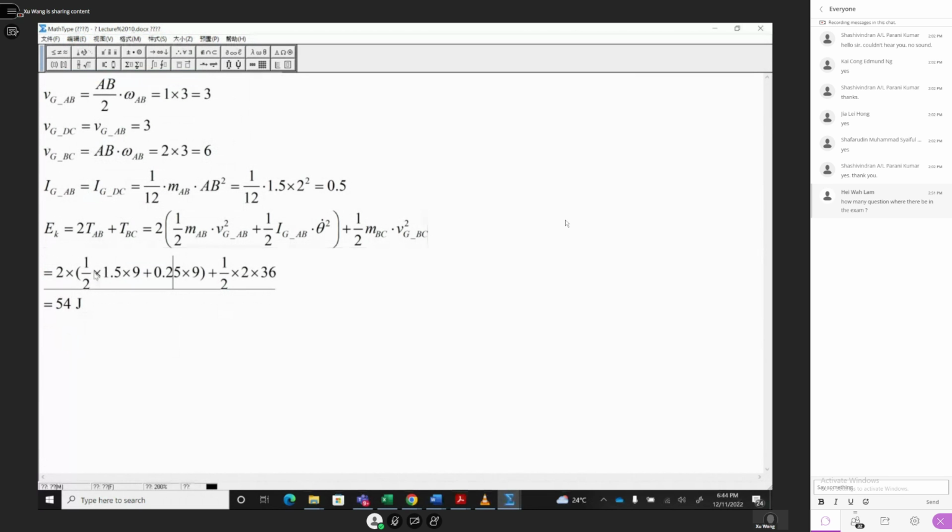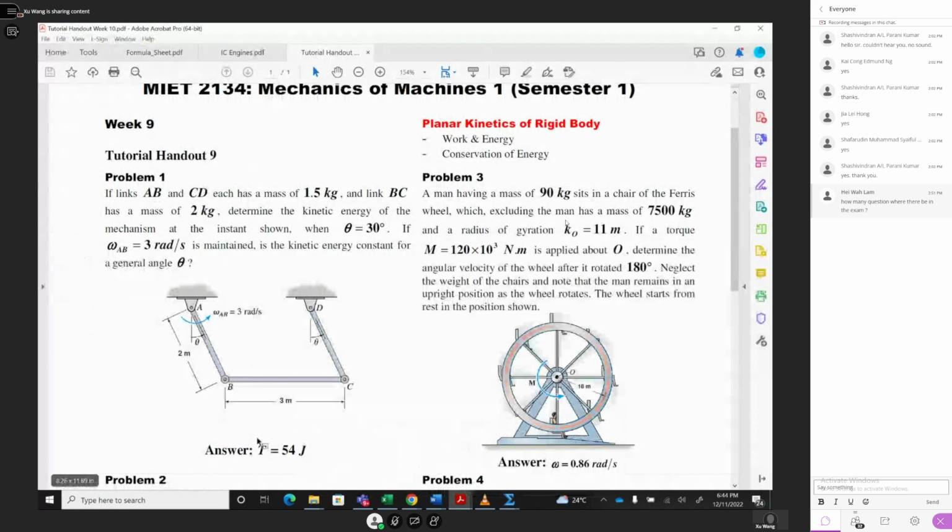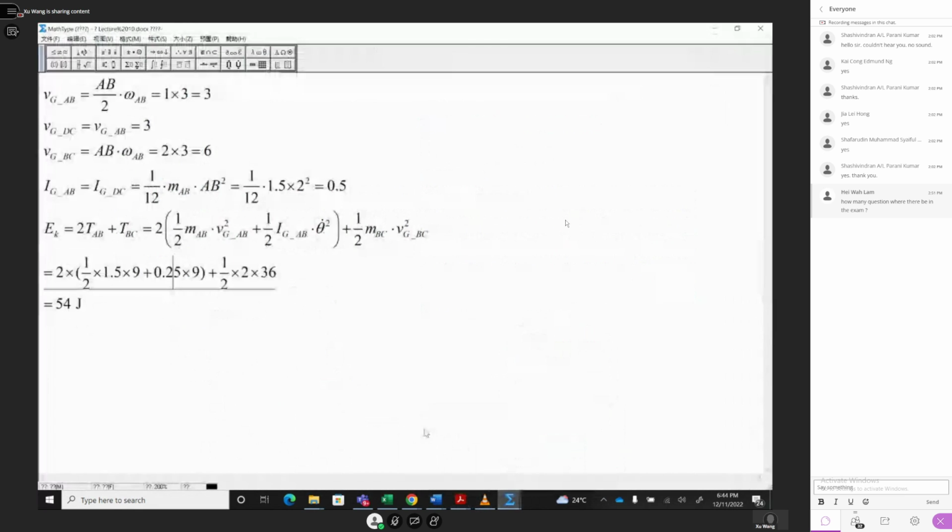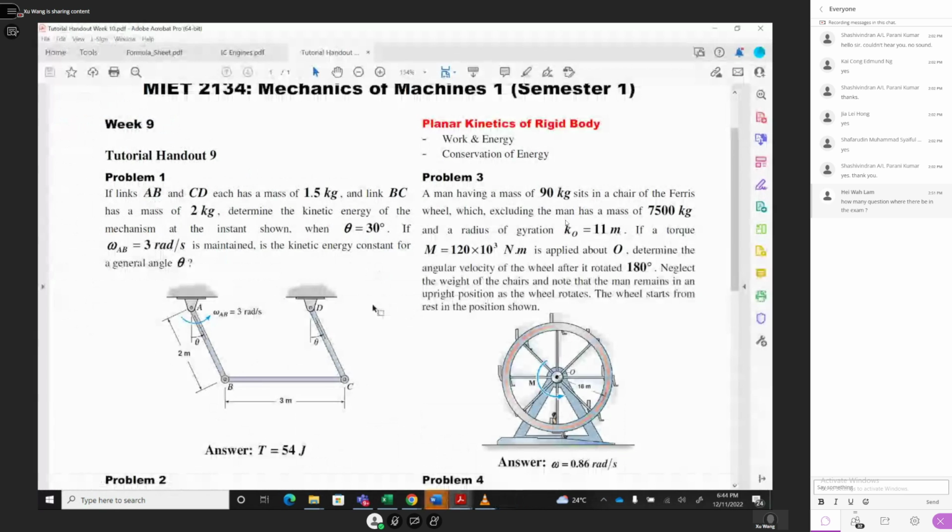Okay, simple answer like that. The result is 54 joules. Okay, the result is all right. Because in this case you have to convert: at different positions theta, the gravitational potential energy will be changing.